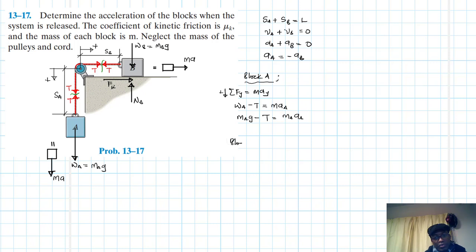Let's go to block B. Block B, so we have summation of forces in the x equal to MAX, going in this direction as our reference. Before we find this, since there is friction here, let's start with y. So summation of forces in the y equal to MAY, going up here being our reference.